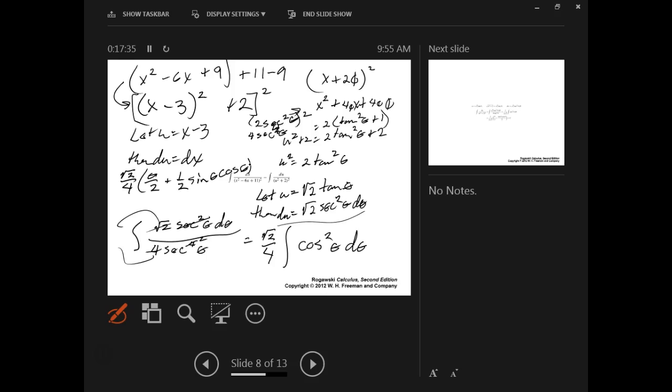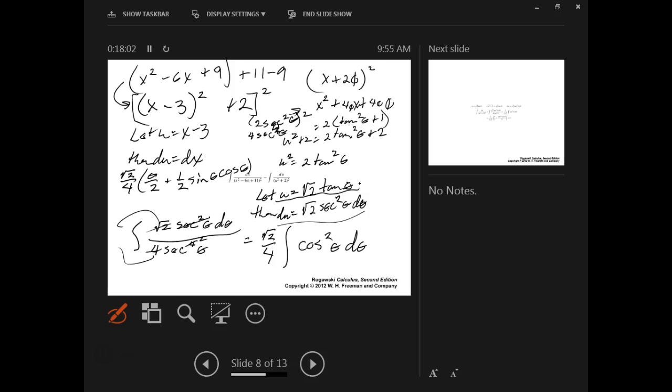Now, let's go back to where we first made the substitution. It was right here. That let u equal square root of 2 times the tangent of theta, right? Right there. See it? Got it.